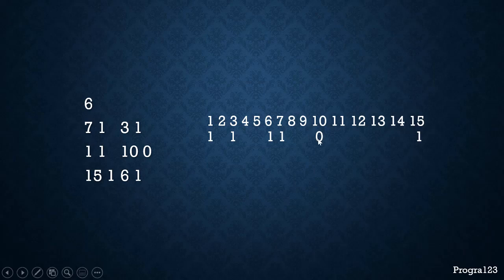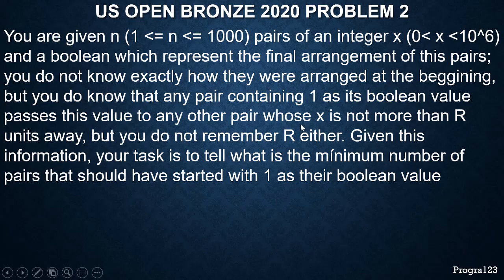The problem is asking us for the minimum possible number of pairs that have number 1 as their Boolean value if they always pass this value. In other words, they are asking us to make this r as big as possible.